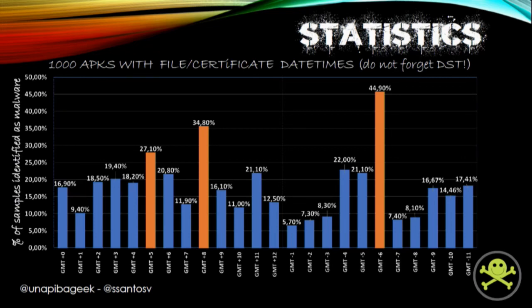Okay? But basically what we can conclude is that Russia, which is GMT plus 4, GMT plus 3 and 5, GMT plus 8, which is China, and Middle USA or West Coast, are the ones creating more malware.